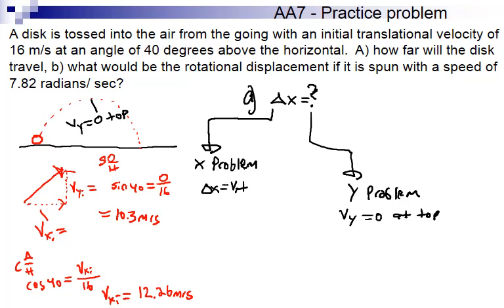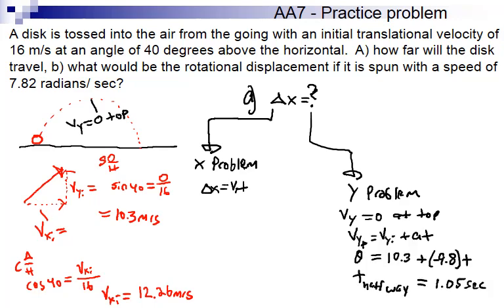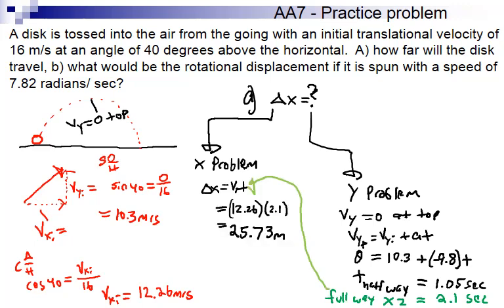And so we know that vy is 0 at the top. We can find the time halfway. The time halfway is 1.05 seconds. And so the full way would be 2.1 seconds. And when we place this in here, we get a displacement of 25.73 meters is the displacement of the disk as it goes.